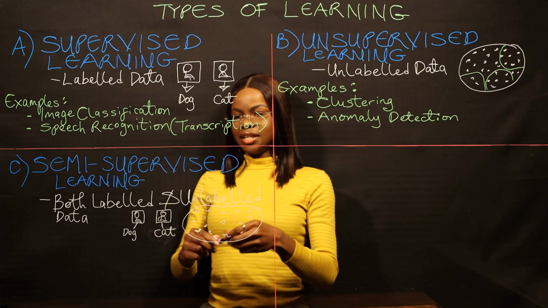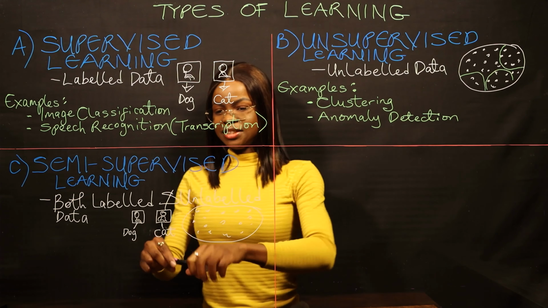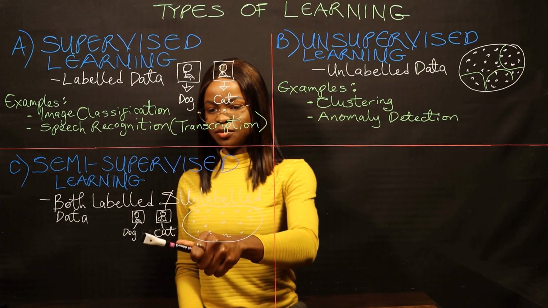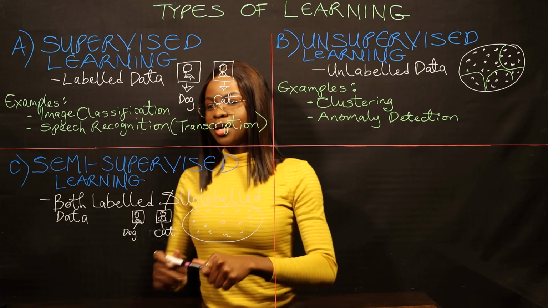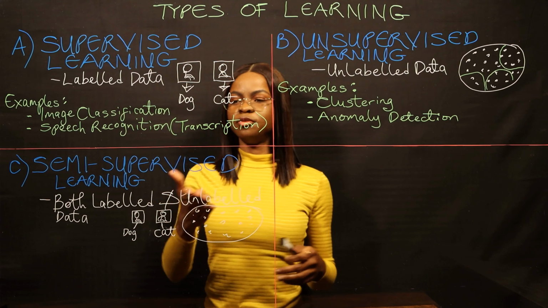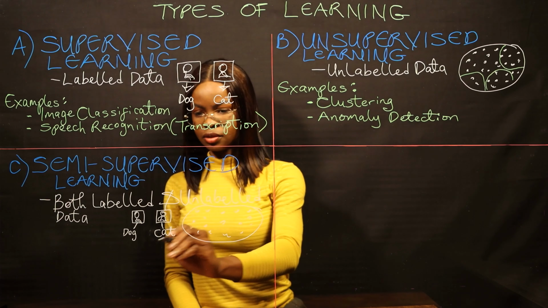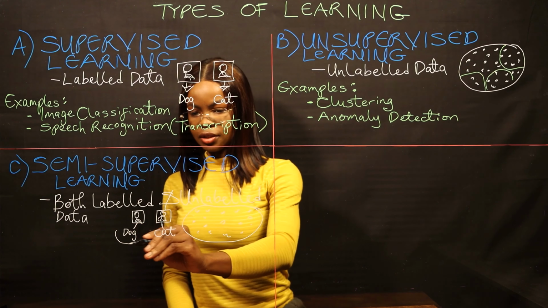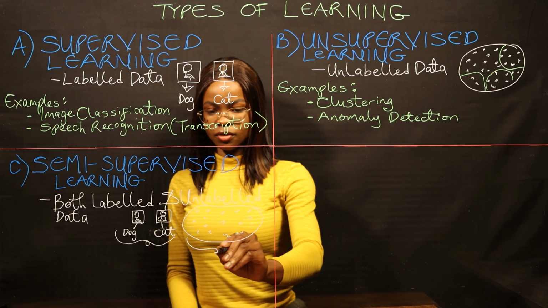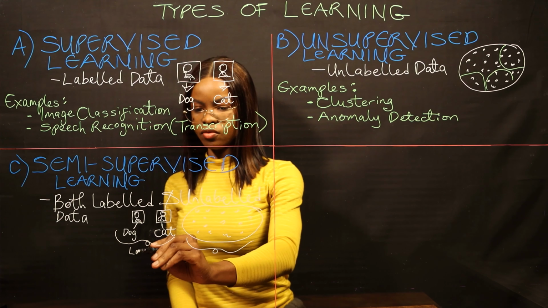Now this is the kind of data a semi-supervised learning model uses. This is labeled, and this is unlabeled.